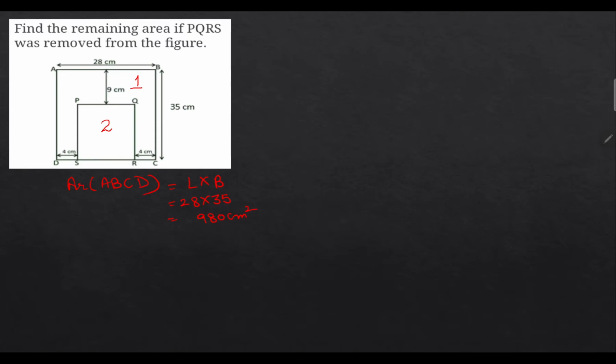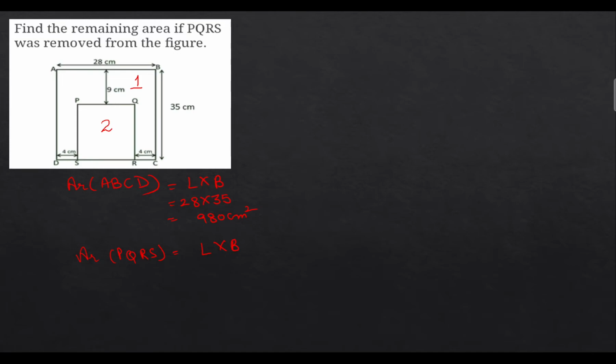Now the next figure is PQRS. In the figure PQRS, again you will start with area of PQRS. The same formula you are going to apply here also, length multiplied by breadth. But here we have to identify the length as well as the breadth.